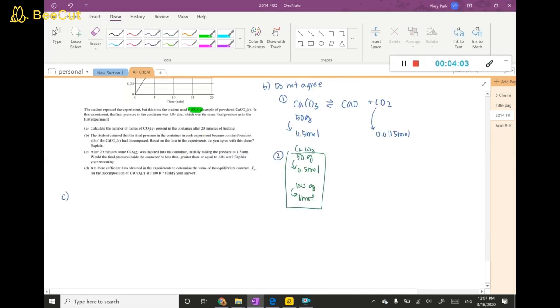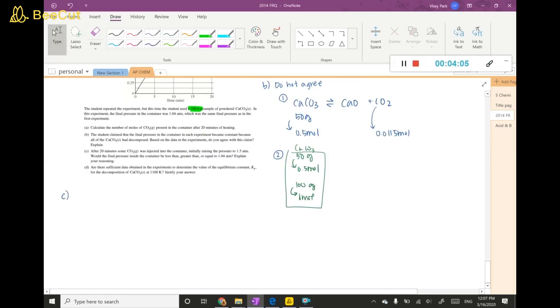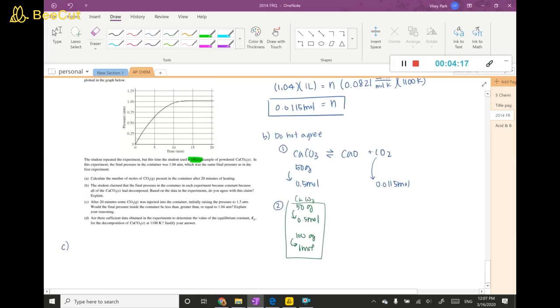And what does C say? It says after 20 minutes, some CO2 was injected into the container, initially raising the pressure to 1.5. Would the final pressure inside the container be less than, greater than, or equal to 1.04? Look at what happened at the final pressure: it always equilibrates out.